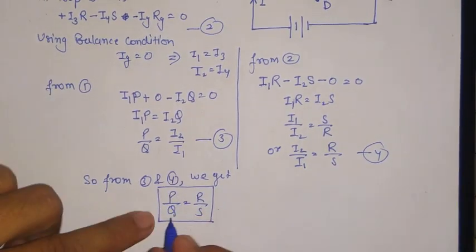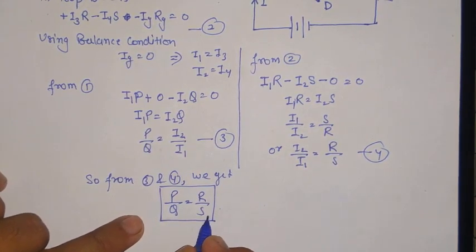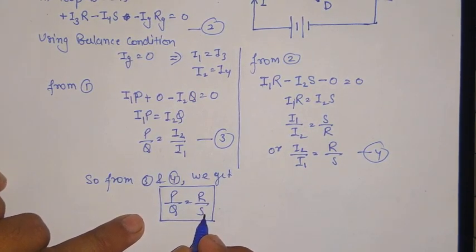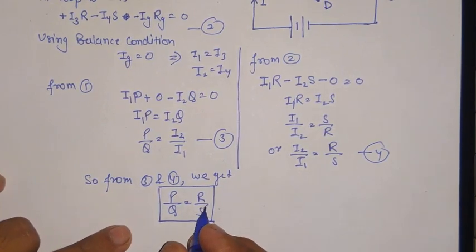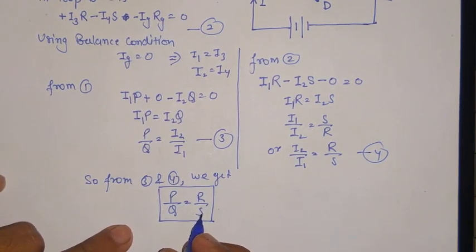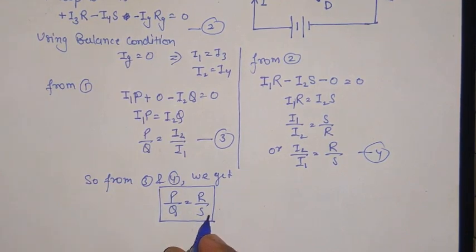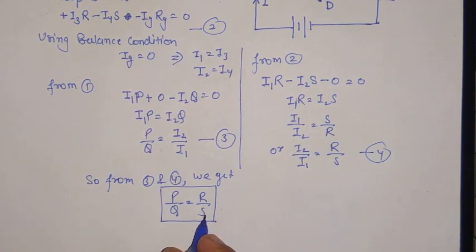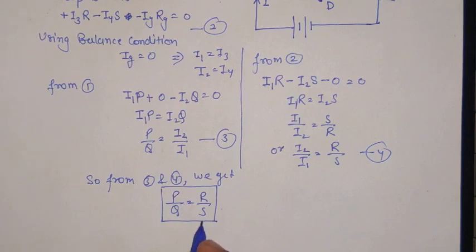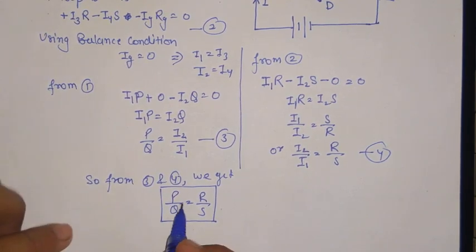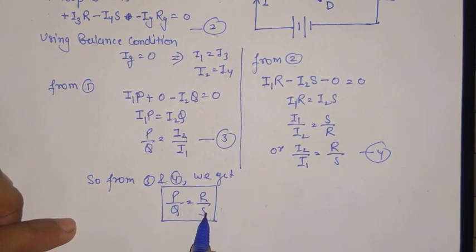So when we get this equation, we do not need to know about the current through the galvanometer. Understood? And this equation is called balance condition for galvanometer to give 0 or null deflection. And this is very, very important. If we know three resistors, we get the fourth.